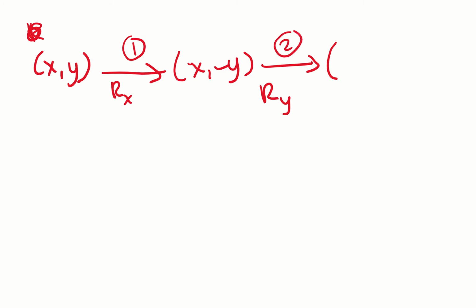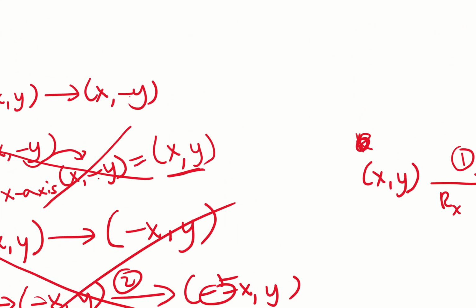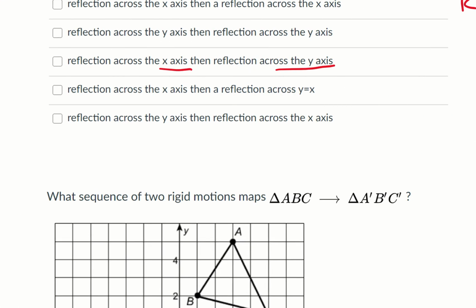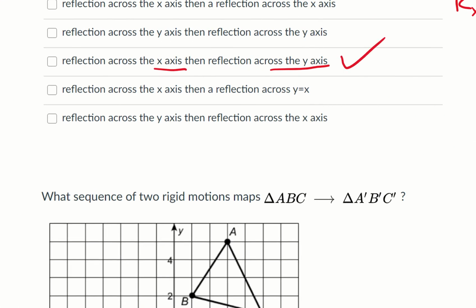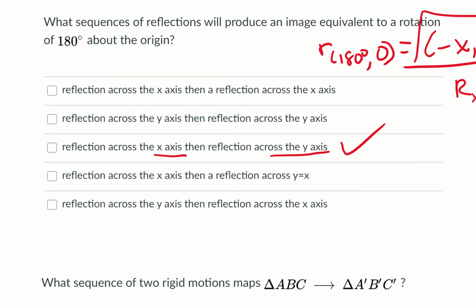Then it's going to change the x coordinate, right? The x is going to change to negative. Is this what we want? Yes, this is what we want. This is actually the exact same transformation as negative x, negative y. So that matches up with this nicely. So this looks like a worthy transformation or sequence of transformations that will be equivalent to 180.